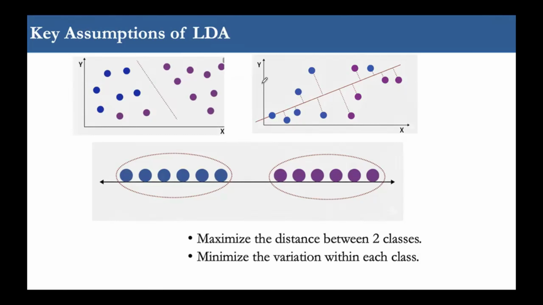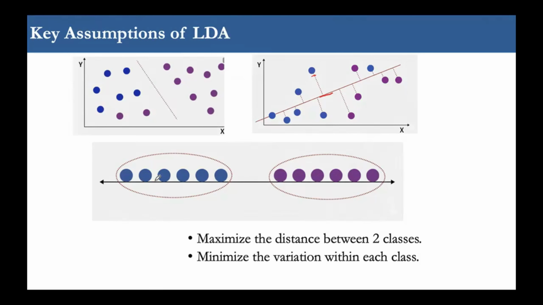So how is it done? It tries to build up a new axis, and here the perpendicular distance from the decision boundary, this is the decision boundary, to the data point shows how LDA reduces the within class variation and increases the class separability. Then these data points will be projected onto a new axis as shown here.